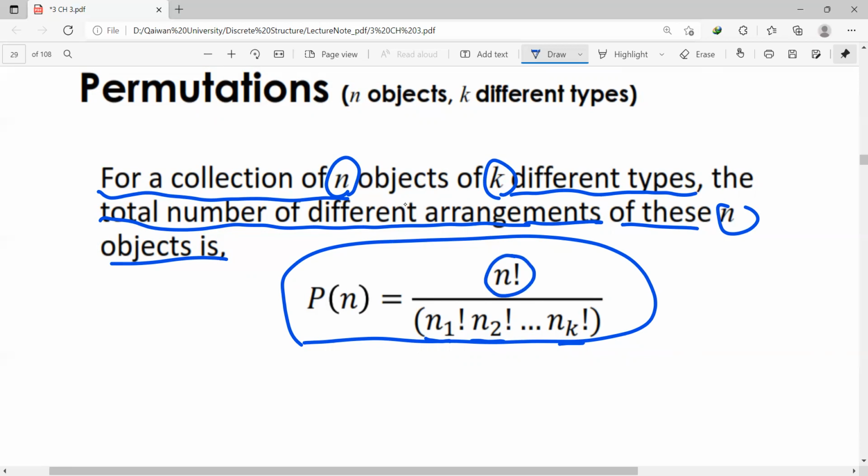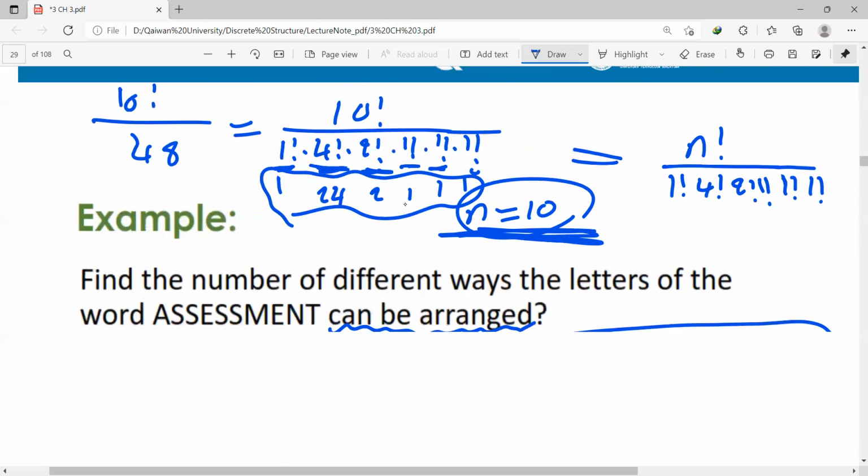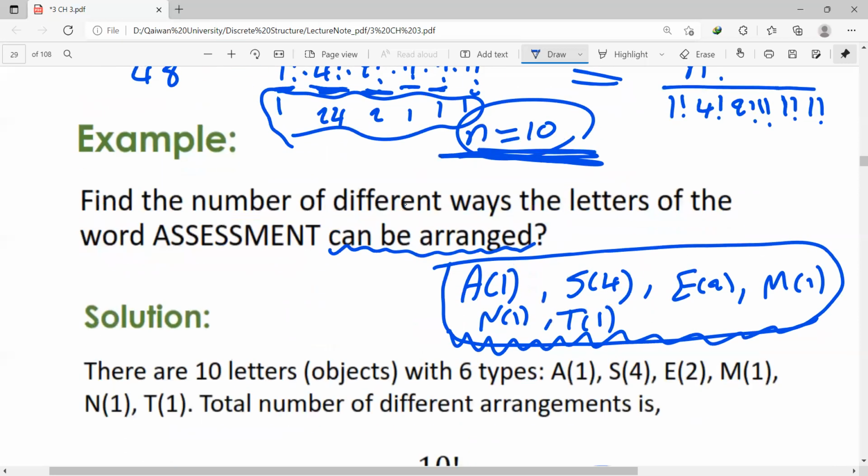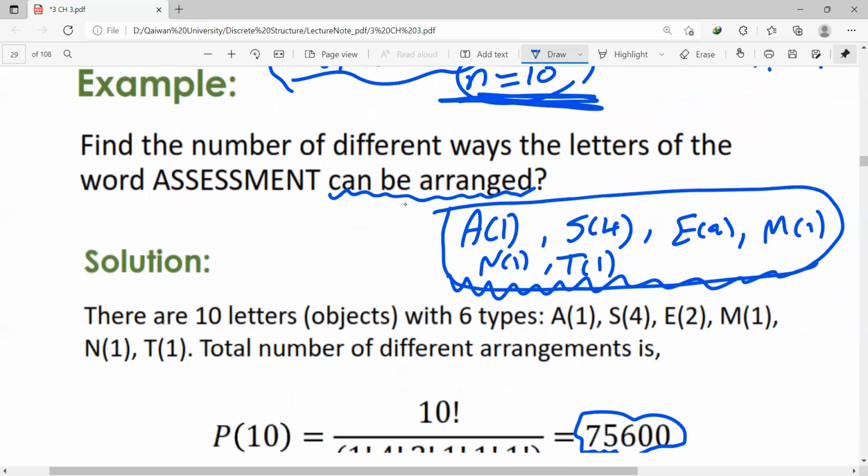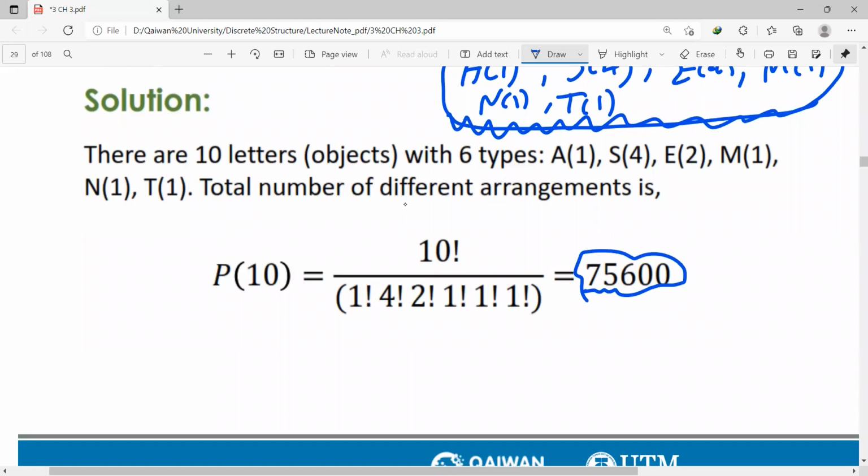In the word assessment, we have 10 objects, 10 letters. How many types do we have? Here we have 6 different types: A, S, E, M, N, T. We are going to find the number of each type factorial in the denominator. We multiply them all, and in the numerator we have the number of objects factorial, which is n factorial. Okay, it's only calculations. It's easy to calculate.